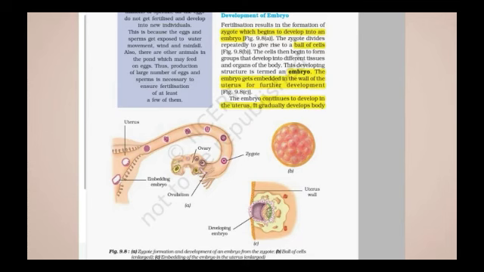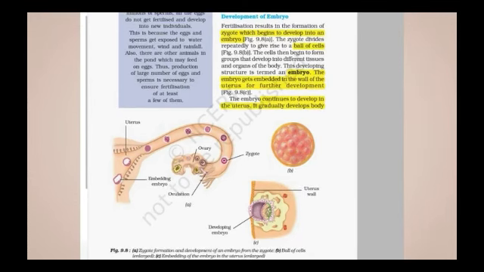The zygote later forms a ball of cells called an embryo. After development, the embryo produces several body parts like the hands, legs, eyes, nose, heart, lungs, etc. The embryo with such developed body parts is known as a fetus, right?